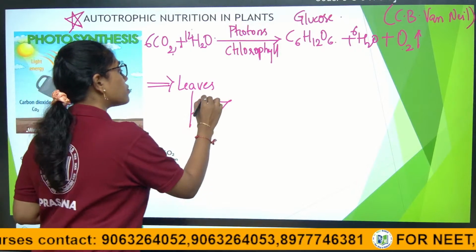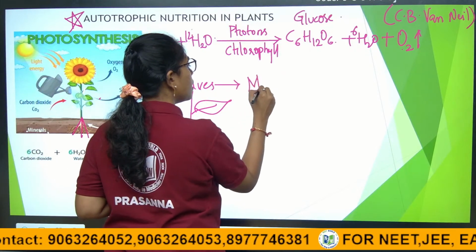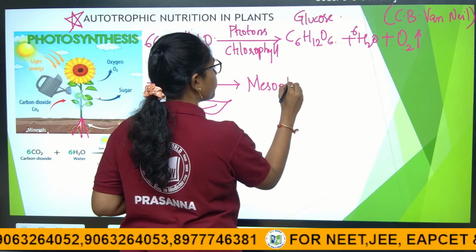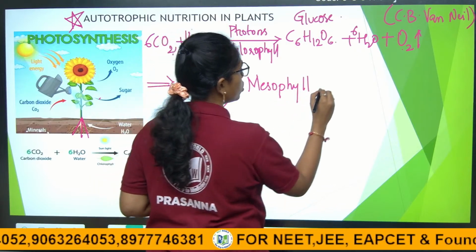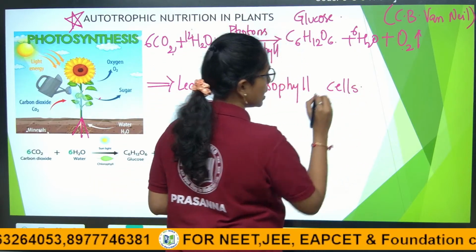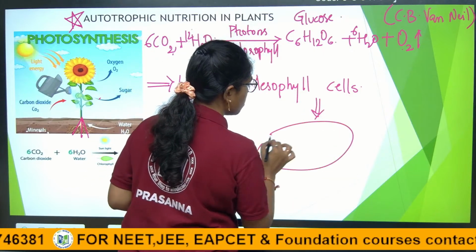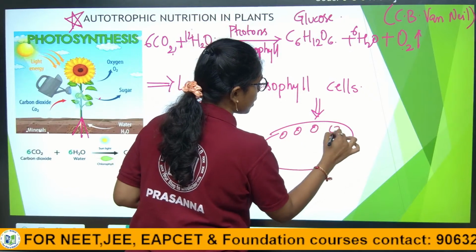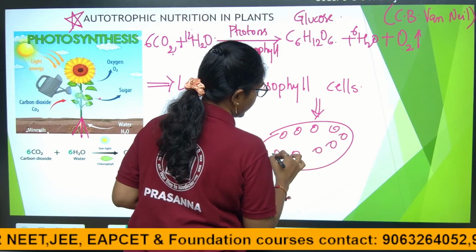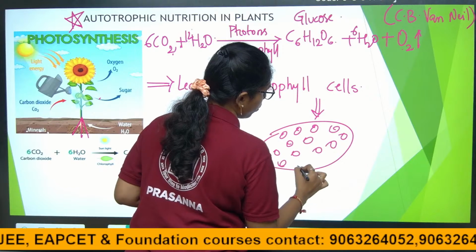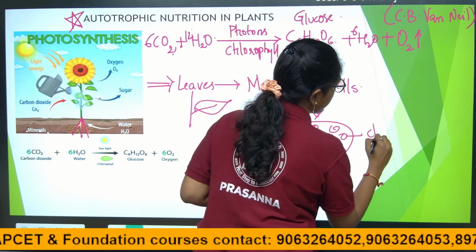Leaves are composed of what cells? Mesophyll cells. Mesophyll cells will have chloroplasts. A mesophyll cell is composed of n number of chloroplasts. So many chloroplasts.